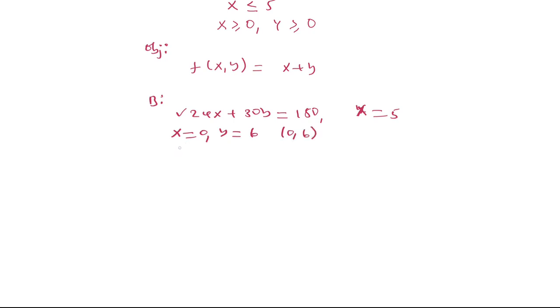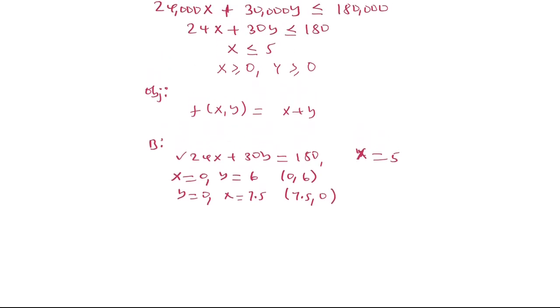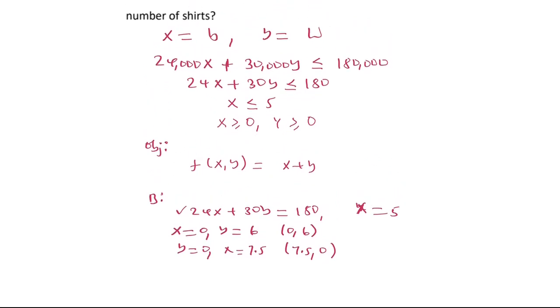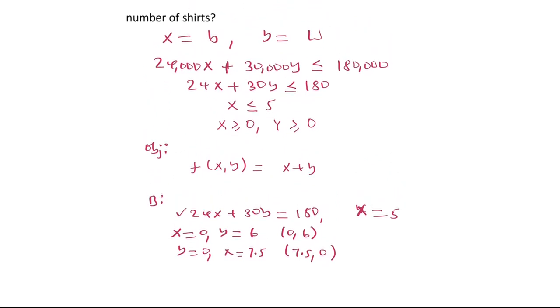When y equals 0, x is calculated as 7.5, and the point is (7.5, 0). Okay, so now we are going to start drawing the x and y axes, and we are going to shade the negative region. Next, we are going to draw the line 24x plus 30y equals 180 with the help of the obtained points.